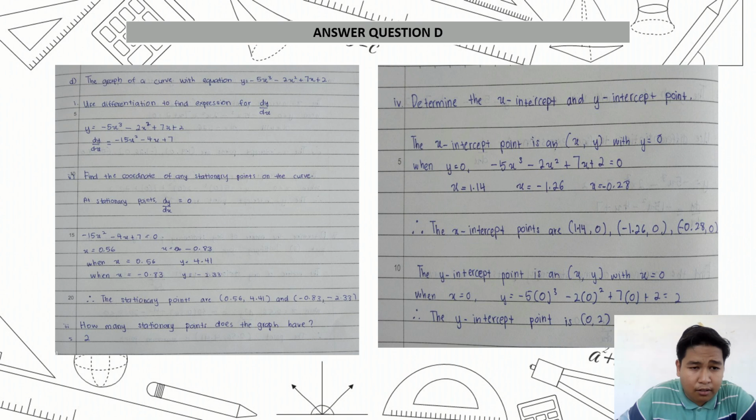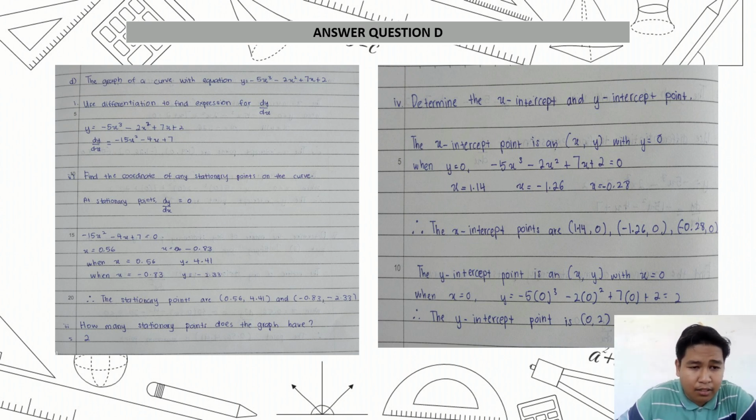Question 2. Find the coordinates of any stationary points on the curve. At stationary points, dy over dx equals 0. So negative 15x squared minus 4x plus 7 equals 0. You can use a calculator to find x1 and x2.